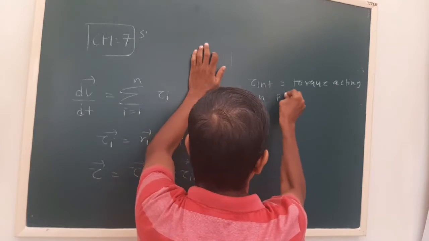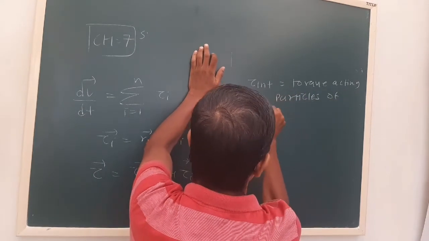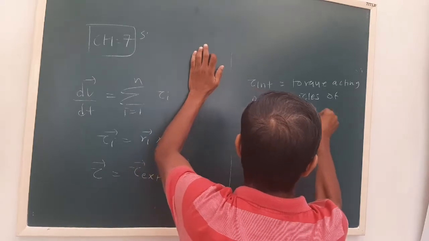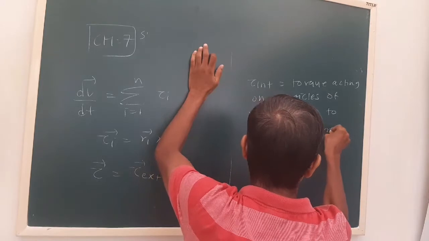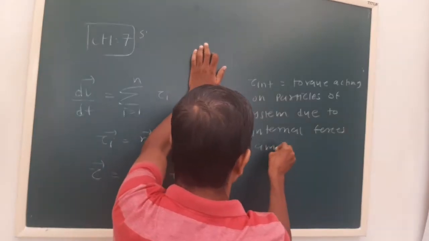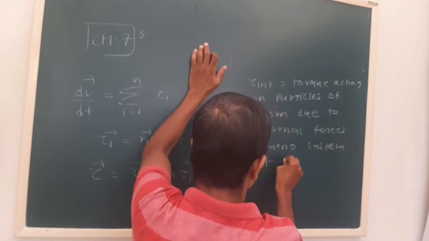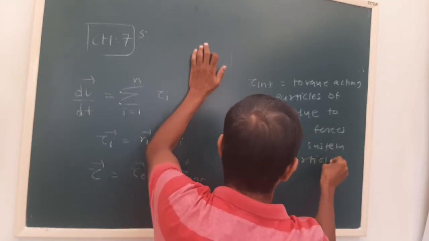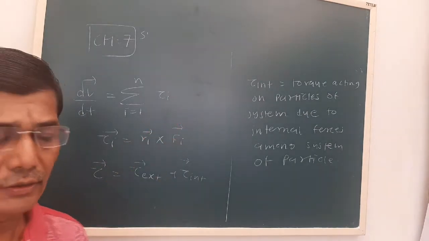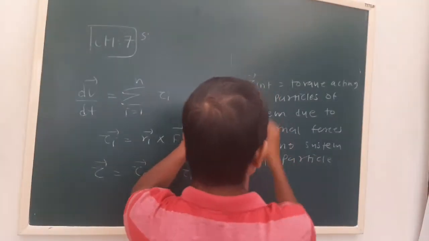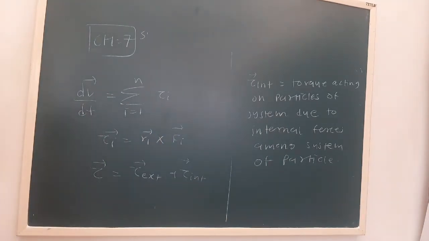Tau internal we have taken as the torque acting on a particle of the system due to internal forces among the system of particles.